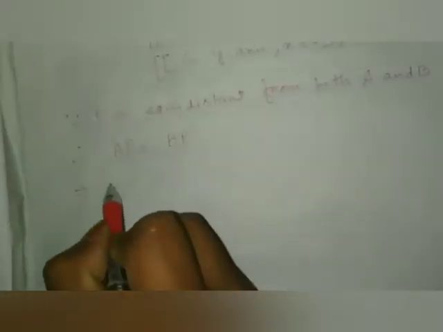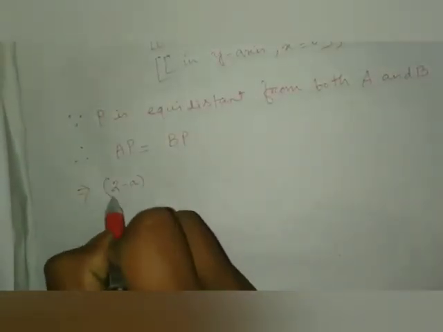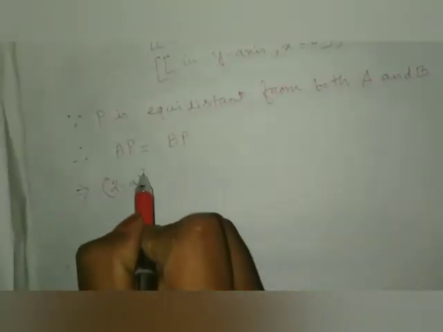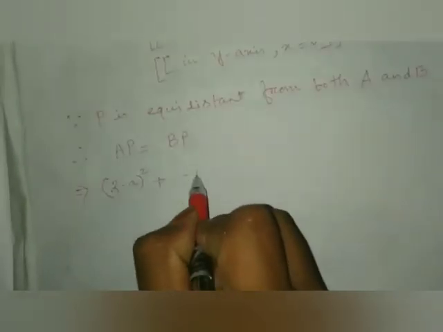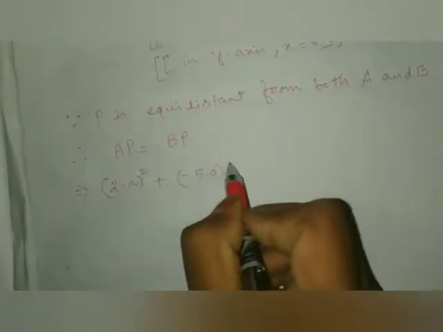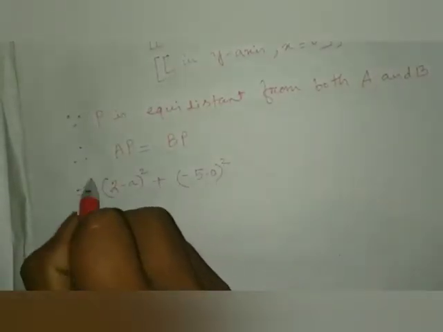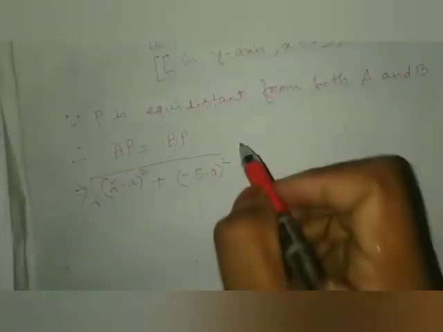For AP, first the difference between the x coordinates 2 and a, and again the difference between the y coordinates -5 and 0, so root over (2 - a) whole square plus (-5 - 0) square, equals.